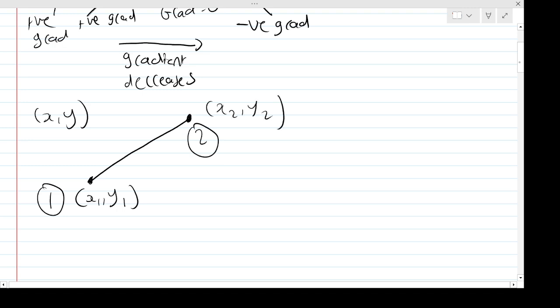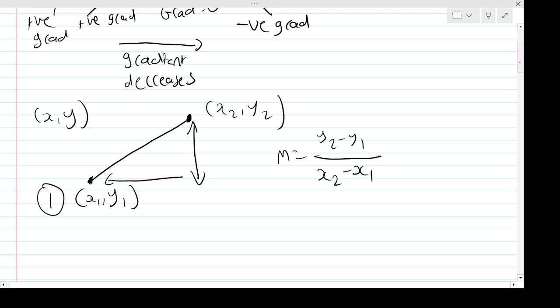Now the gradient, or how steep the line is that goes between those 2 points, we say it is the change in y, so the difference of the two y coordinates, so y2 minus y1. So that's going to correspond to this vertical distance there over the change in the x coordinates, so the x values, so x2 minus x1. That's going to correspond to that horizontal distance there.